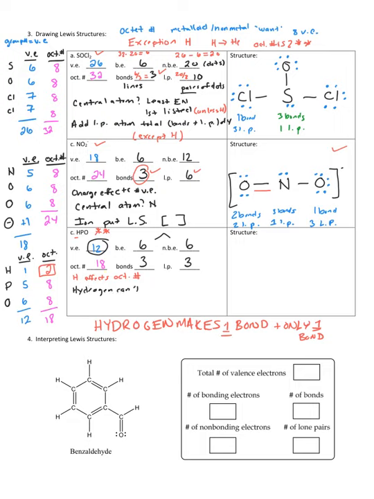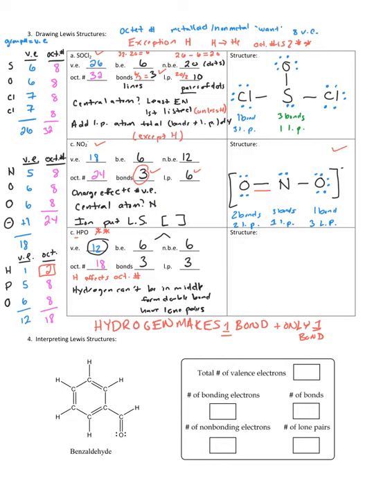Hydrogen can't be in the middle. It can't form a double bond. And it can't have lone pairs.